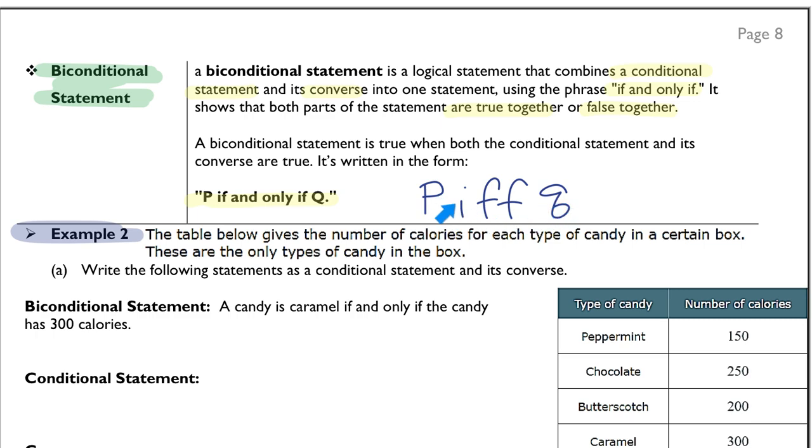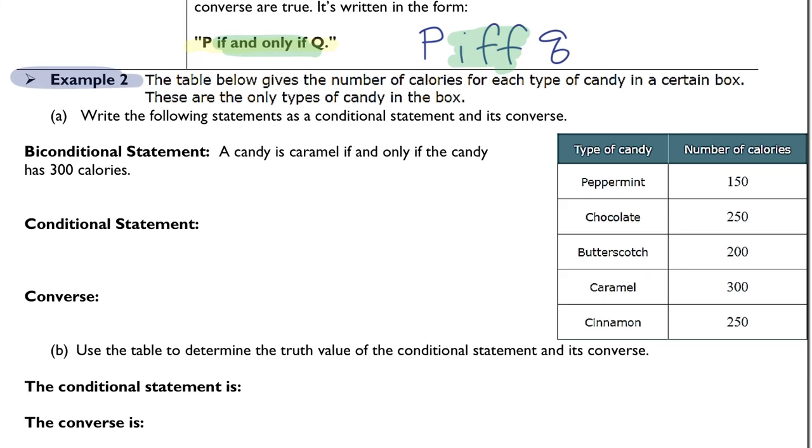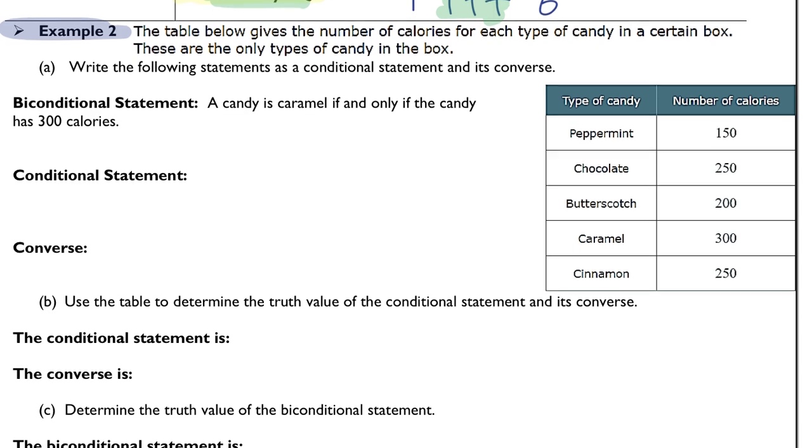I've always liked traditionally using lowercase, but I know if you look on your homework, it will use capital letters on this example, which is kind of silly because I use the lowercase. But whatever. But this IFF right here, and now let's highlight this in green, this IFF represents if and only if, that thing right there. So that is something to know because when we have IFF, you should just auto assume it's biconditional.